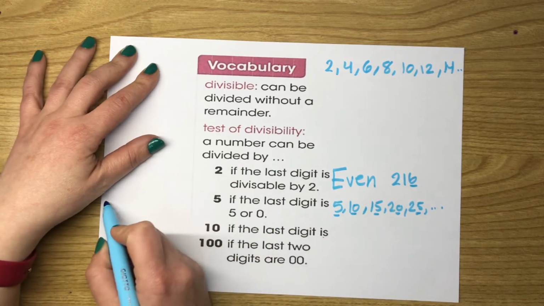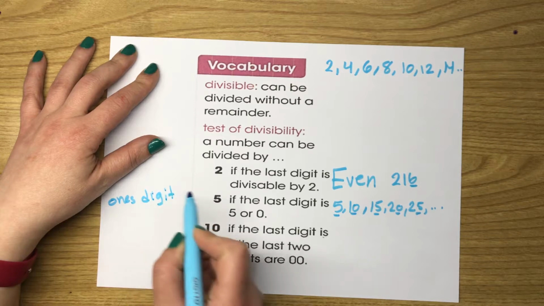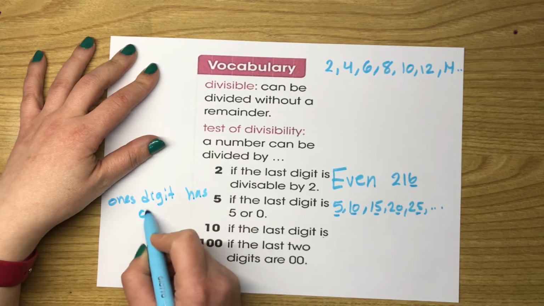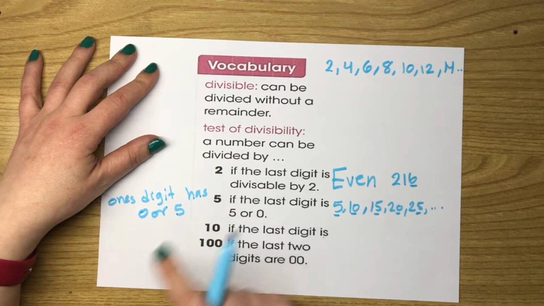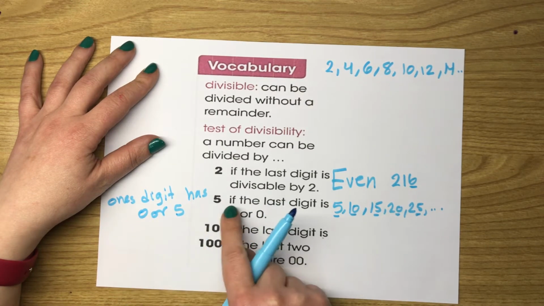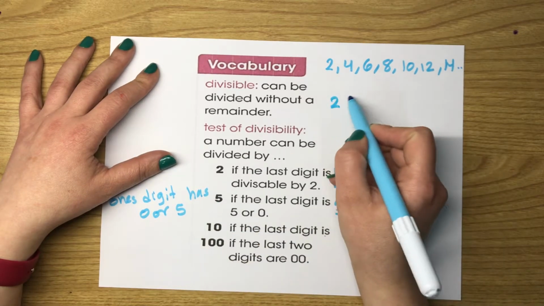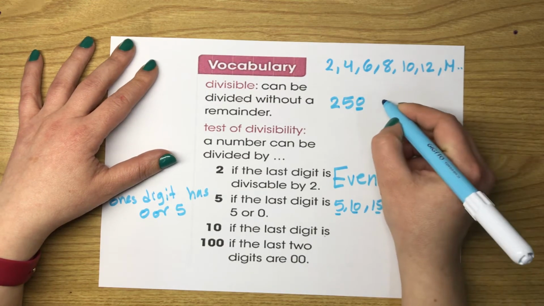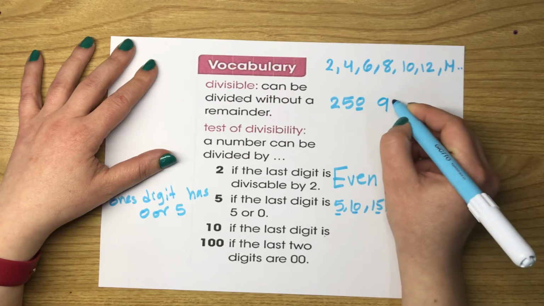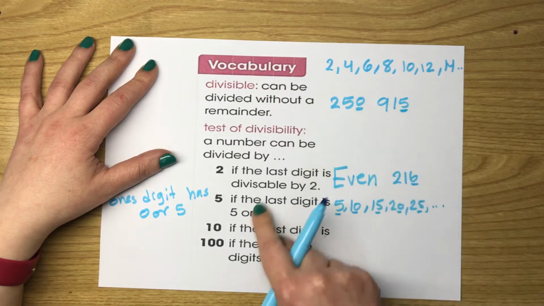That's how I can know that a number is divisible by 5, such as 250. It ends with 0, yes, it is divisible by 5. 915 ends with 5, so this number is divisible by 5.